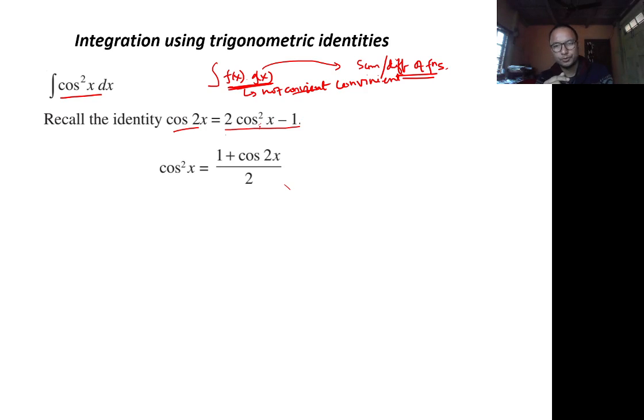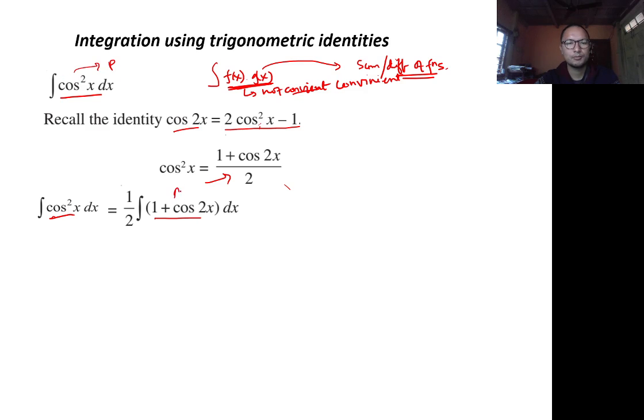So cos square x is going to be (1 plus cos 2x) divided by 2. We will use this. Earlier it was a product; now it becomes a sum of two functions.